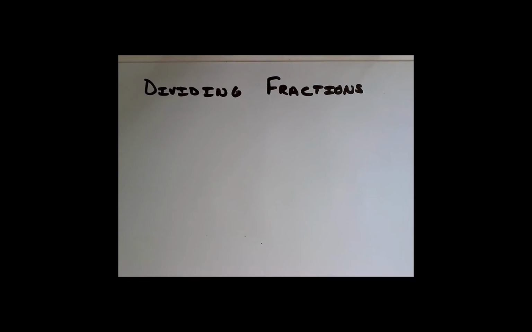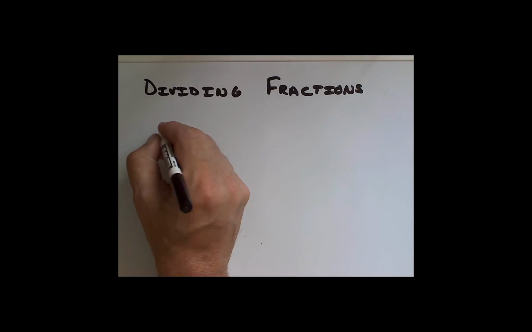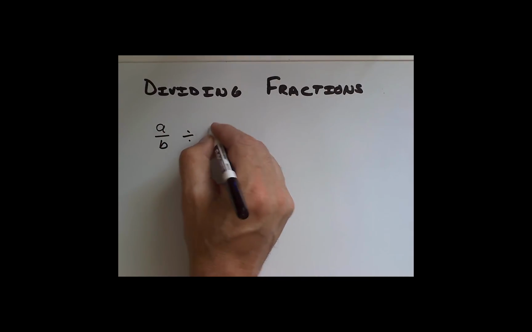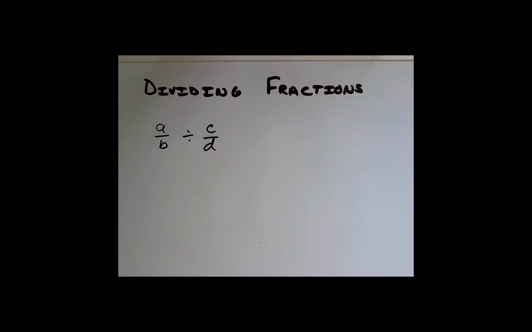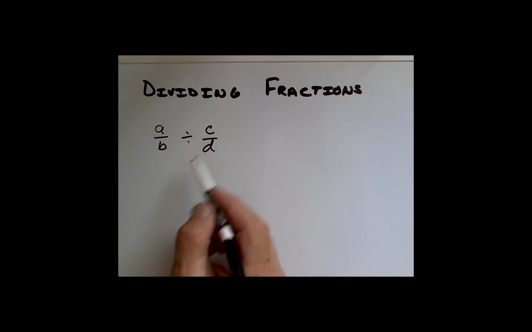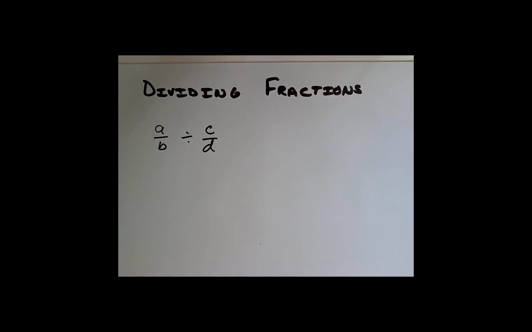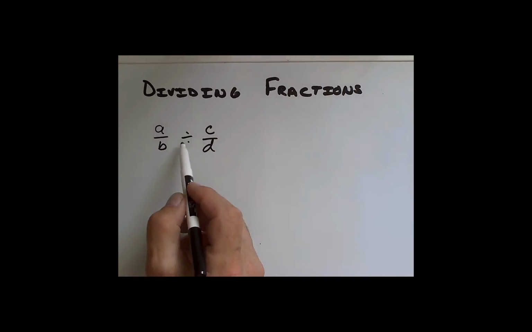Let's take a look at dividing fractions. If we had two fractions, let's say a/b divided by c/d. If we were to divide these fractions, here's the rule you follow. The fraction that we're dividing by, in other words, c/d, we're going to take the reciprocal of that, and then we're going to change, instead of dividing, we are going to multiply.